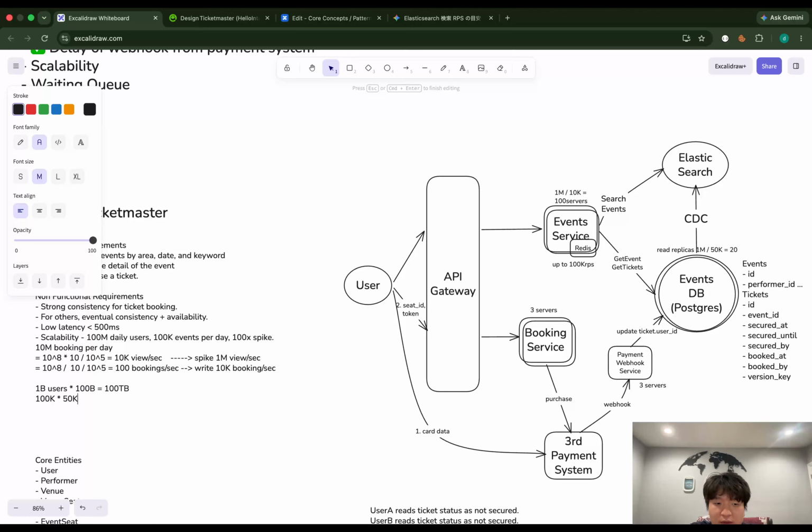This is quite big, so I would talk about the seat records because I'm pretty sure they are much larger than the event records in terms of size. So let's say each event has 50K seats, and every day there are 100K events. So in total, how much is it?